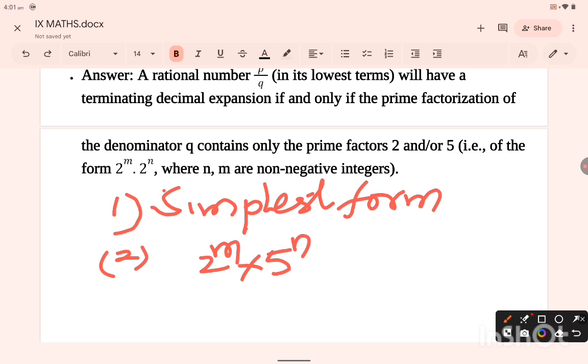When the given fraction satisfies these two conditions, then that fraction is a terminating decimal. Denominator should be in the form of 2 to the power of m into 5 to the power of n. Okay, that fraction is a terminating decimal expansion.